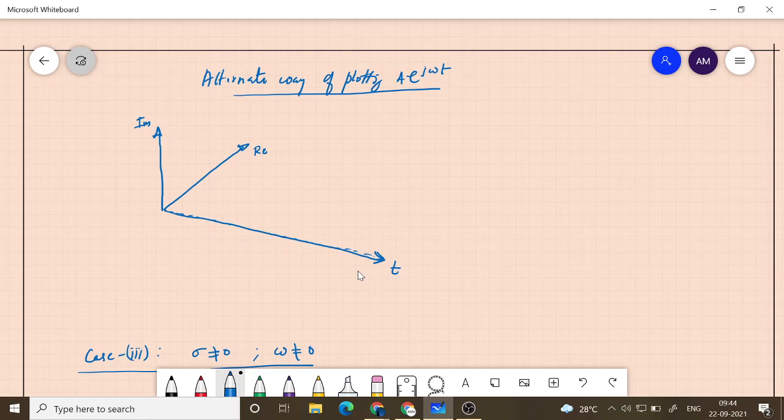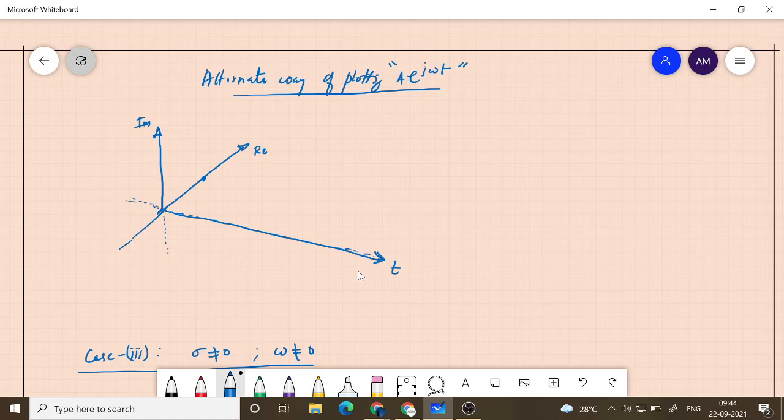So what I need to do is, this particular function A into e raised to j omega t, you give different values of time. If you put t equal to 0, it is e raised to 0, that is 1, so it will be entirely real. It extends to this side also.